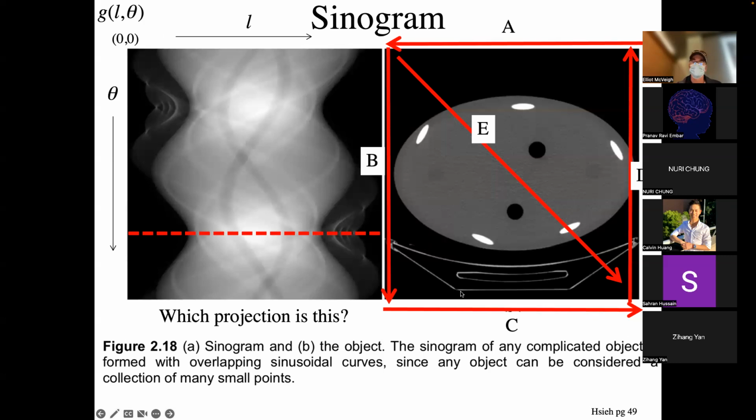That's the patient table. So when we're projecting, and this is at a low L value, so L is going this way, and this is narrowest, then this junk is projecting down to here at a low L value along here. That's this one. So that has to be this projection.